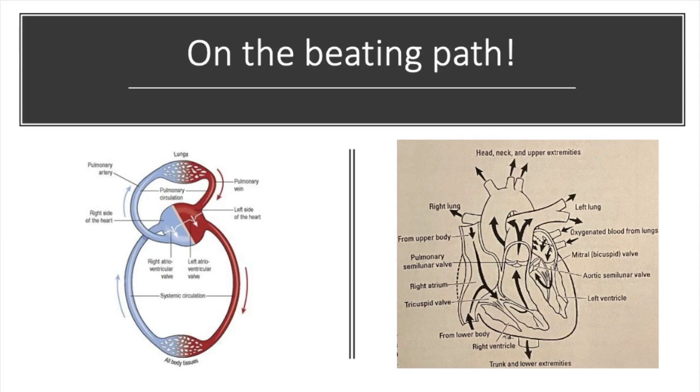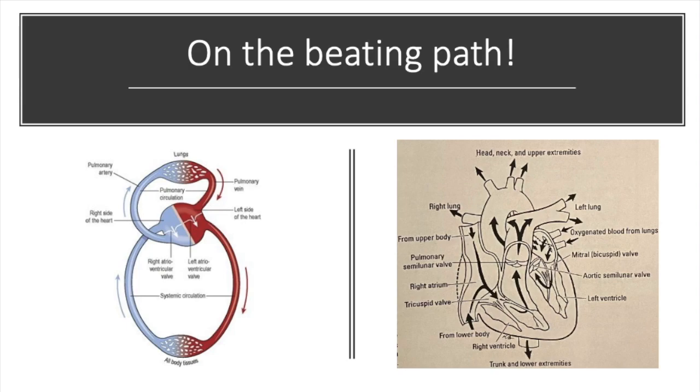When the impulse is passed to the AV node and onto the AV bundle, the right bundle branch and the Purkinje fibers, the right ventricle contracts, pumping the blood into the pulmonary arteries, which take it to the lungs for gas exchange. During the relaxation phase of the atria, the newly oxygenated blood flows into the left atrium. The pulmonary arteries are the only arteries that carry deoxygenated blood. I hope you already know that.